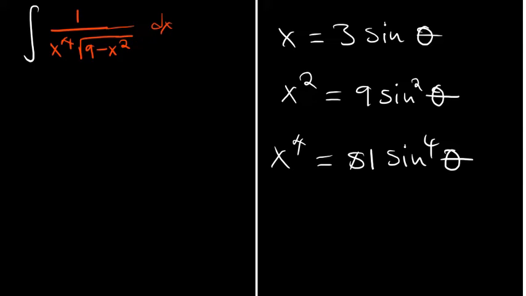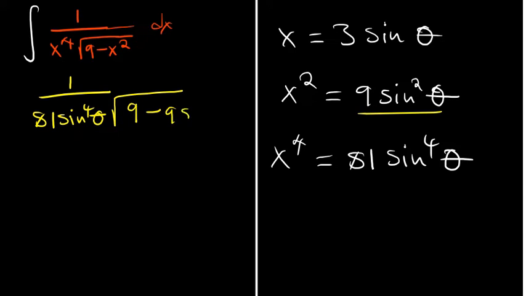We can now substitute. Let's ignore the integral for now. So we have 1, and then for the x to the power 4 we have 81 sine to the power 4 theta, and then we have the square root of 9 minus our x squared, which is 9 sine squared of theta.